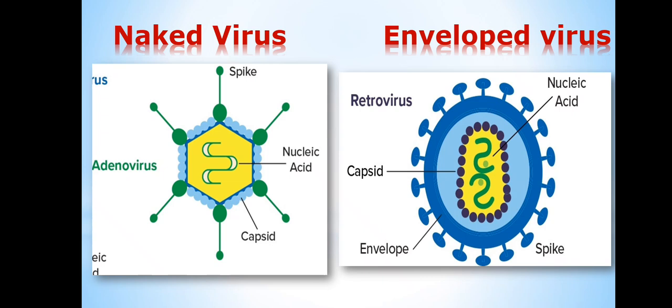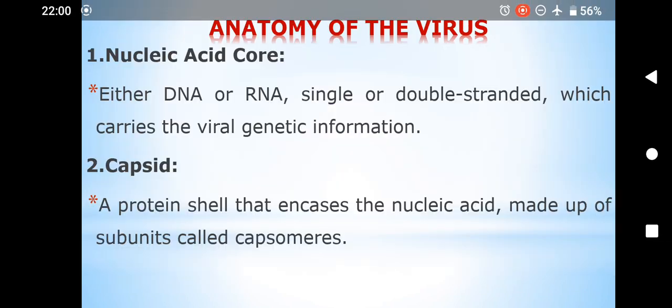A virus is made in such a way that different types of viruses can have RNA as the genetic material or genome, and others are going to have DNA. So they are in different forms. Inside this genome, it can be DNA or RNA. They can either be single or double-stranded, which carries the viral genetic information. I'm going to talk about single and double-stranded very soon.